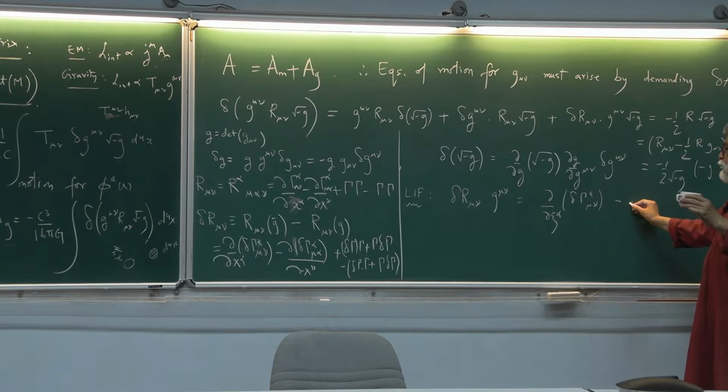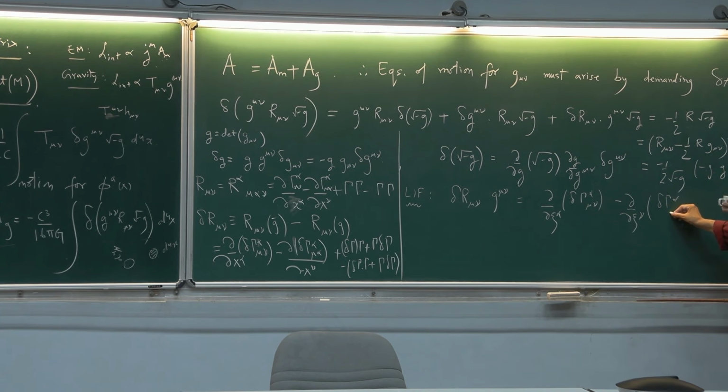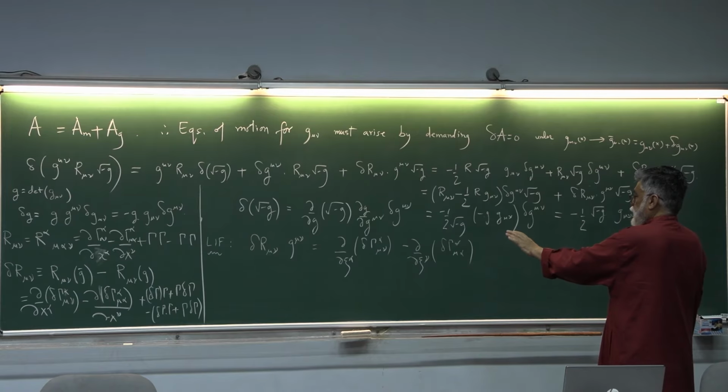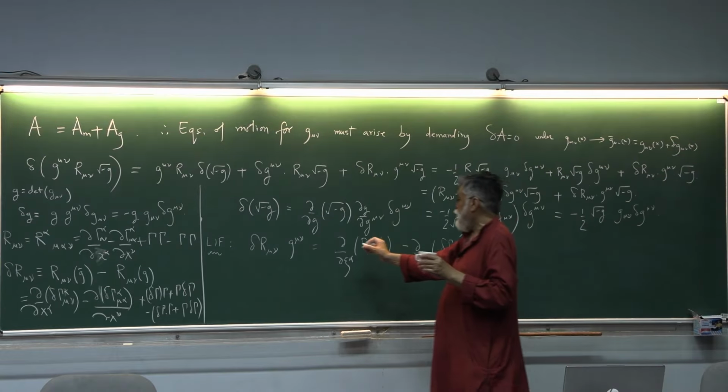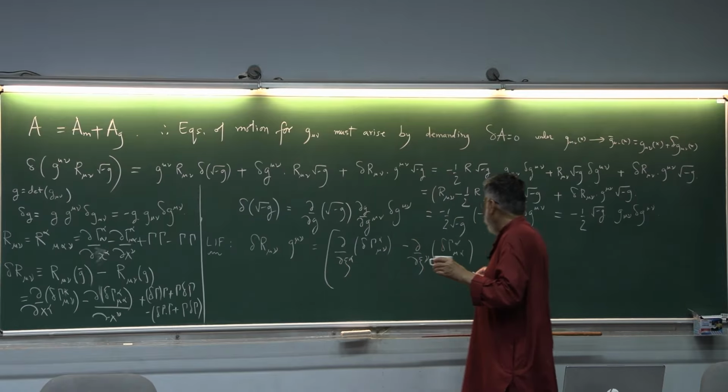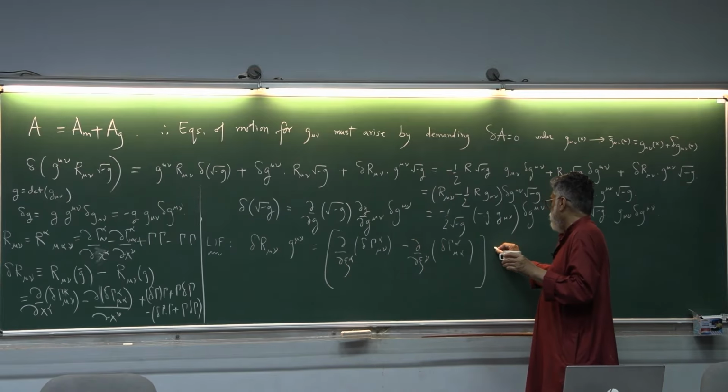Minus del by del xi nu of delta gamma alpha mu alpha. Let's see, all the indices are correct. And multiplied by g mu nu, which in the local inertial frame is multiplied by eta mu nu.